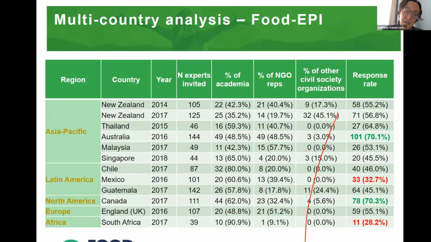It is a bit challenging to benchmark countries in different regions of the world because the expert panels can be quite diverse, as some countries have a stronger NGO participation than others. Other countries may have more academics participating in the process. But nevertheless, it's good to look at the gaps in broad ways and see where countries sit.